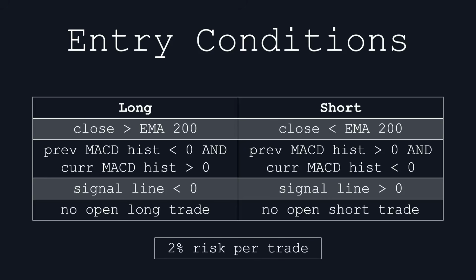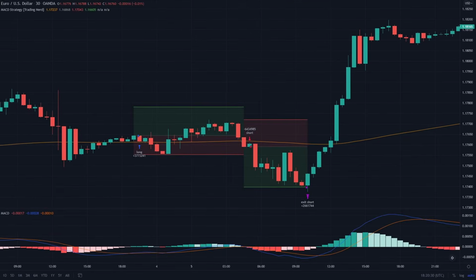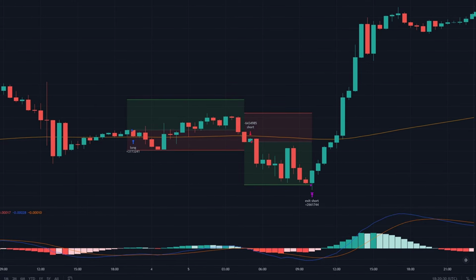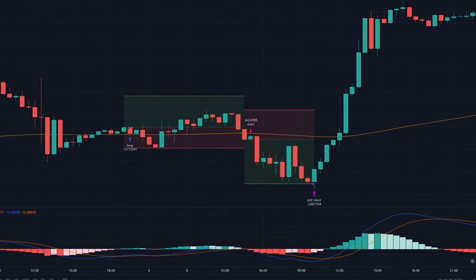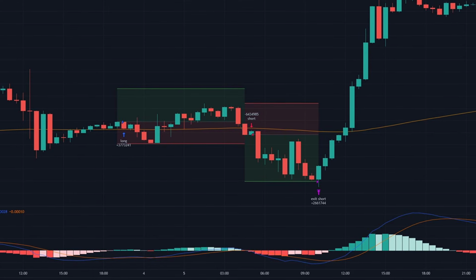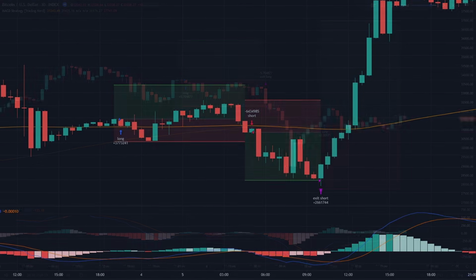Because we want to use proper risk management and don't just want to increase our drawdowns, we are not taking these trades. But if we get signals of the opposite direction, we will close our current trade even if it hasn't hit our take profit or stop loss, and then take a trade of the opposite direction.